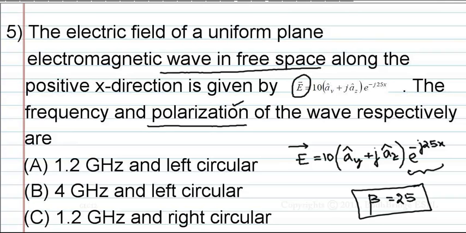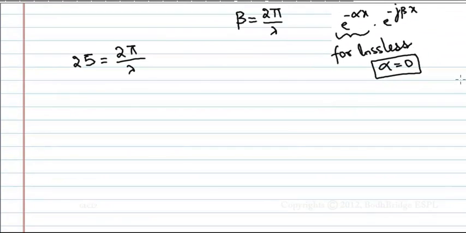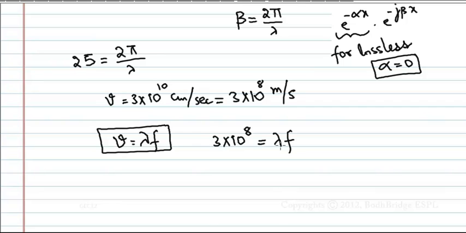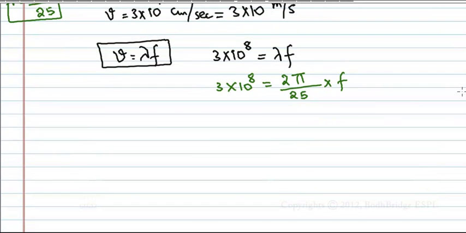In free space, what is the velocity of an electromagnetic wave? 3 into 10 power 10 centimeter per second, which is 3 into 10 power 8 meter per second. Velocity is equal to lambda into frequency. I will use this formula. And what is lambda? Lambda is equal to 2 pi by 25.